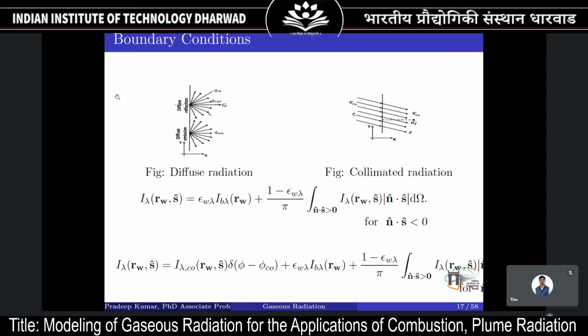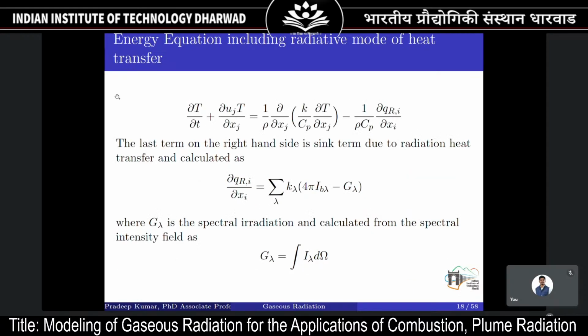The other is collimated, like sun rays coming through a window. The window also has a temperature, so it will also emit radiation in diffuse directions, along with the sun rays coming through. So the boundary condition is modified by an additional term for a single direction only; for this direction you are entering the collimated beam.